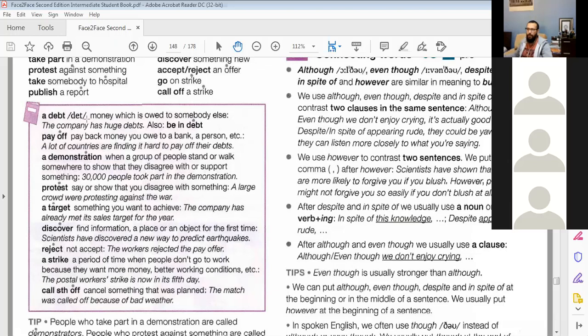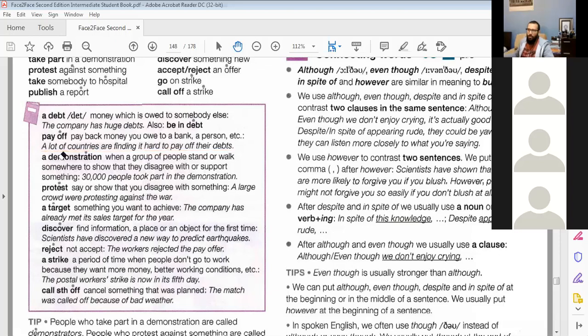The example says, a lot of countries are finding it hard to pay off their debts. يدفع أو دفع؟ Yes, بالضبط. أن يخلصوا ديونهم، يدفعوا ديونهم. زي لما يسددوا، هي هذه الكلمة دقيقة صح؟ لأن pay بروحها عادة يدفع، لكن pay off اللي هو التسديد أكثر، يعني تسديد الدين أو تسديد العجز. Correct.